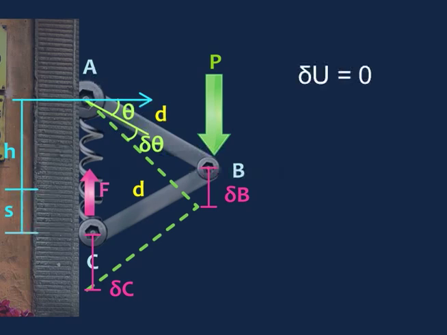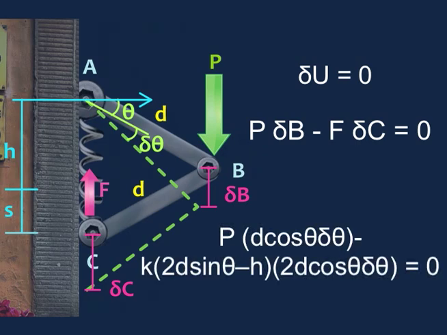So delta U equals 0 equals P delta B minus F delta C. The work from the spring force is negative because the spring force has the opposite sign from the external force. Substituting, we get P D cosine of theta delta theta minus K (2D sine of theta minus H) times 2D cosine of theta delta theta equal to 0.